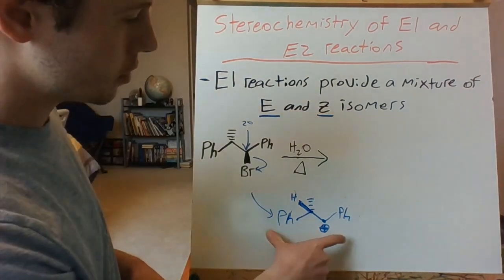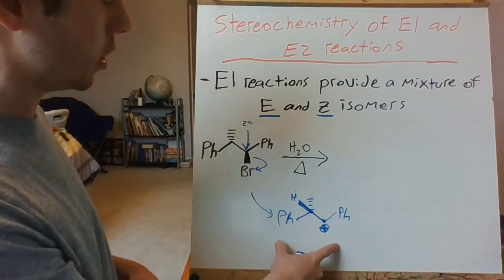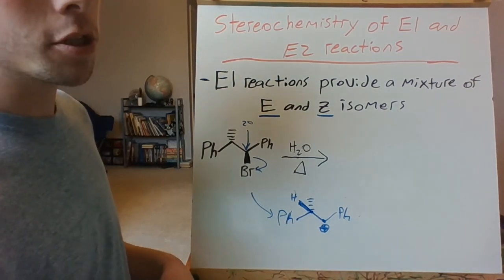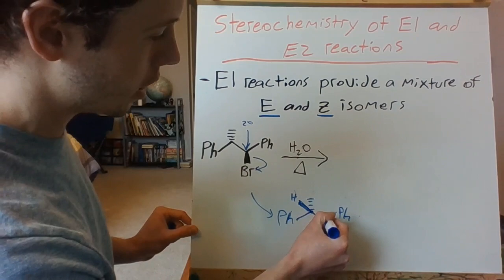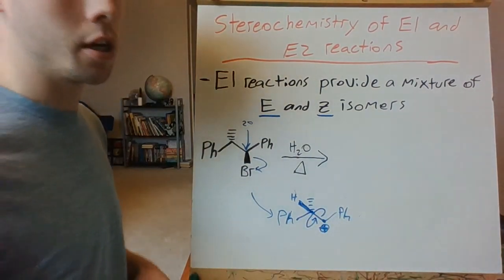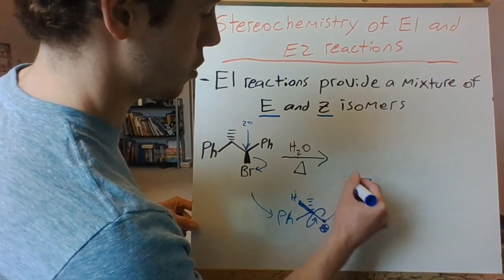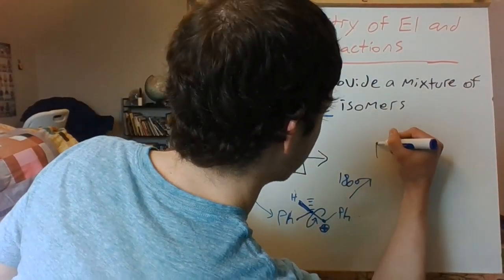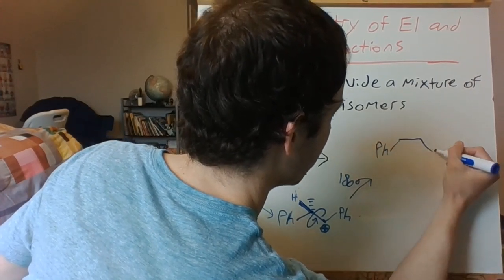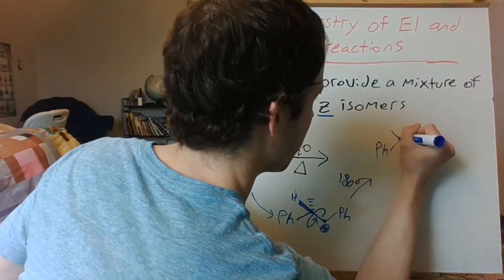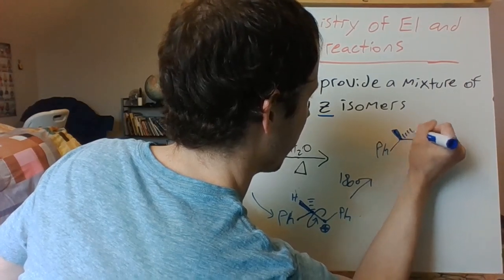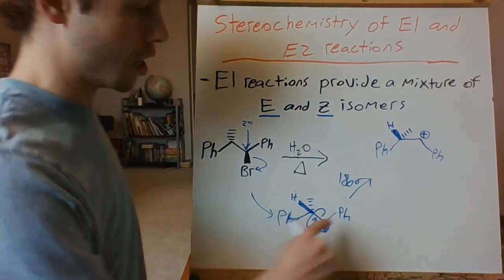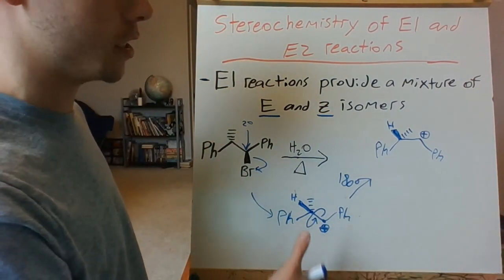But if we go back to this carbocation intermediate shown here, after the bromine popped off, we're back to this point. We do have free rotation about single bonds, and so we can have this rotate around 180 degrees. If we rotate 180, we would end up with something that looks like this, where our phenyl group over on this carbon has rotated down.